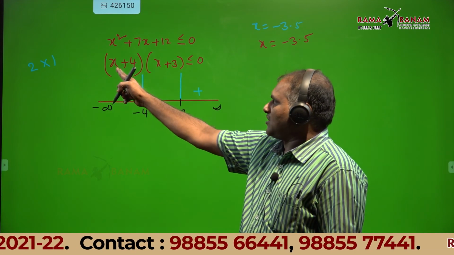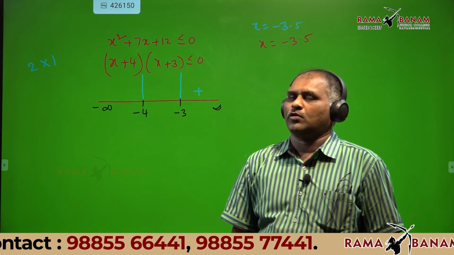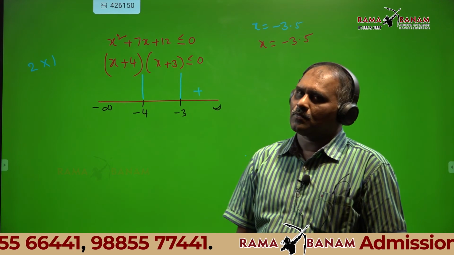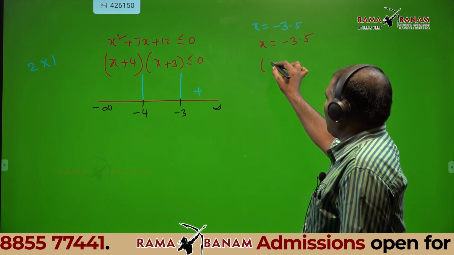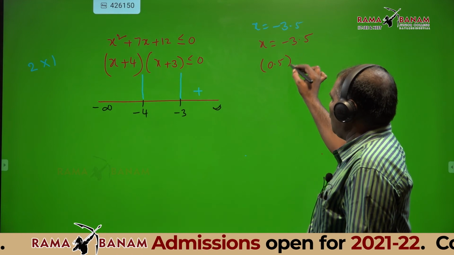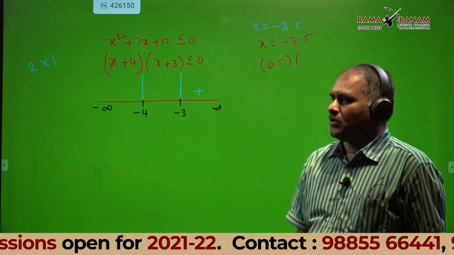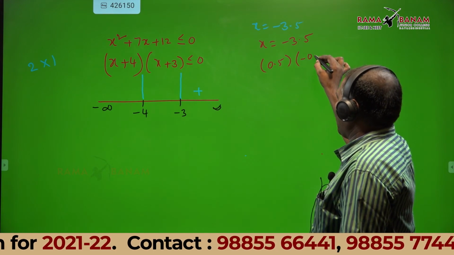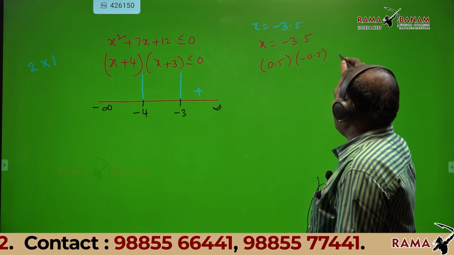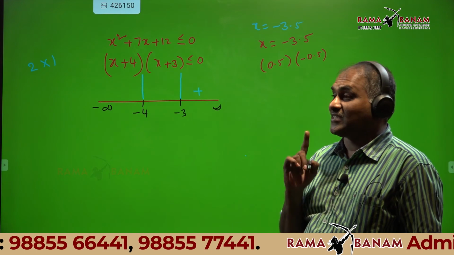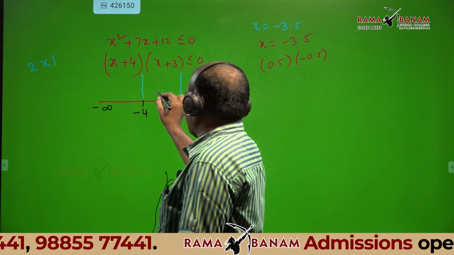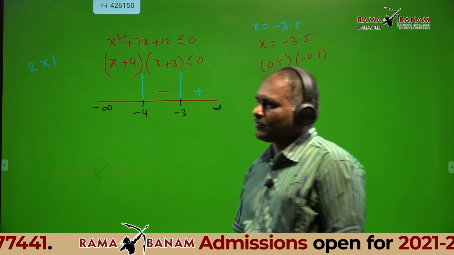What is minus 3.5 plus 4? 0.5. Then 0.5 into minus 3.5 plus 3, which is minus 0.5. 0.5 into minus 0.5 is minus 0.25, negative. That's why I wrote negative.